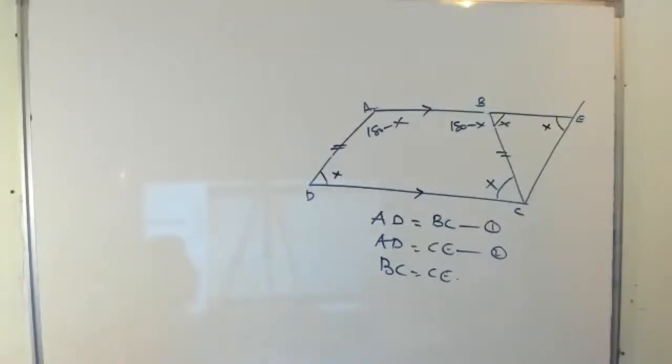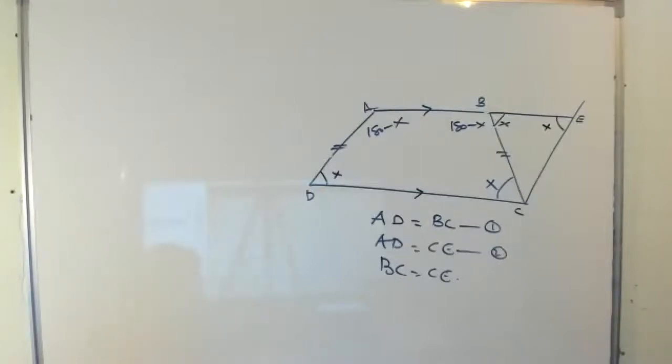180 minus X. Then angle E equal to angle D equal to X. In a parallelogram, opposite angles are equal.